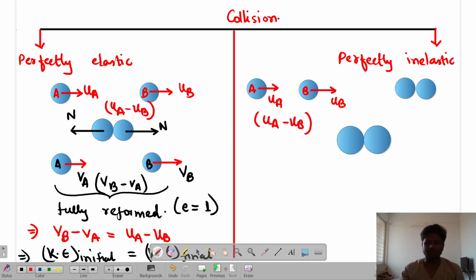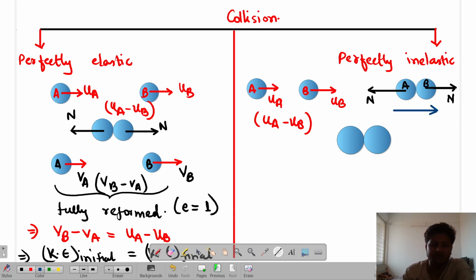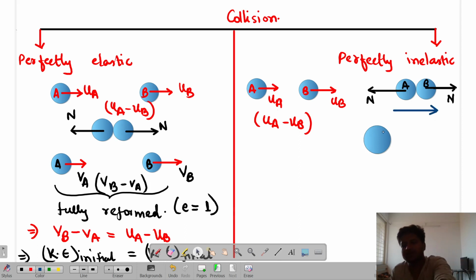Now they are coming together. What happened is they got collided, and when they are getting collided, the normal acts in, you know, some direction, backward or forward, for body A and body B both. But one thing was quite clear, that after collision, they didn't get separated. They are still moving with the same velocity v, so this phase is not required basically.